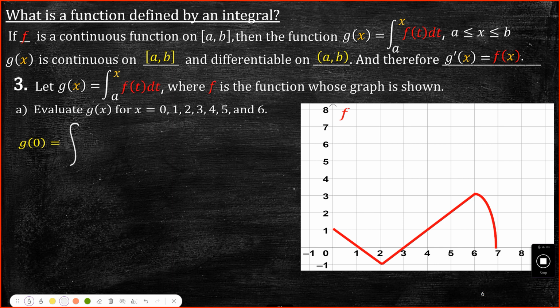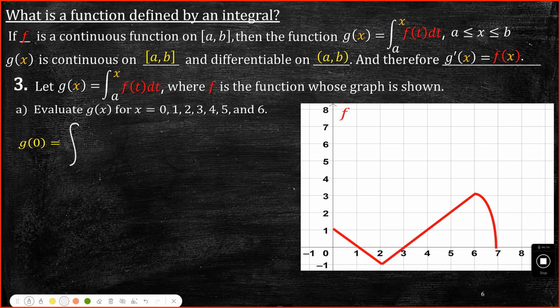G of 0 will be the area, the sum of the area under the curve. And I said, no, at time equal to 0, that's when we start measuring how much we've changed in this distance. So at time equal to 0, I'm still here. I have not moved at all.